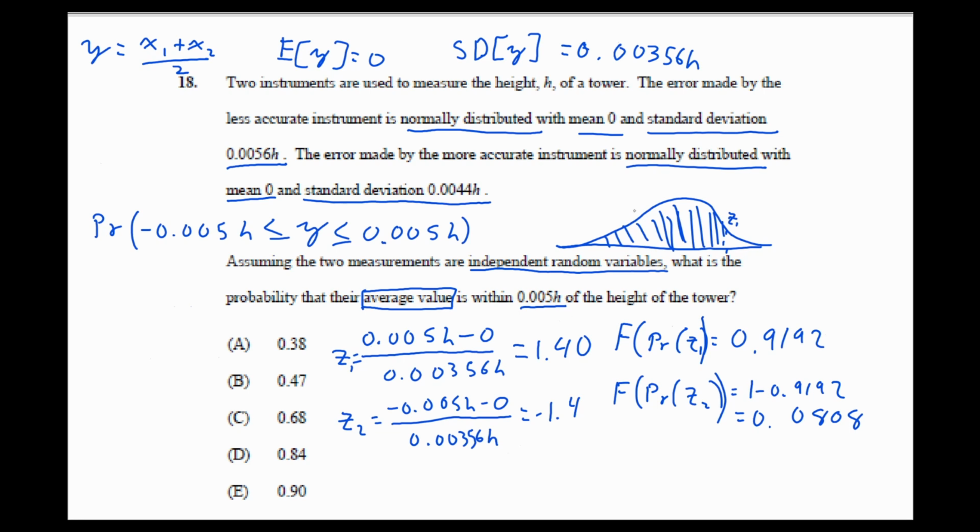Because we have Z2, which is probably somewhere around here, what we need to do is subtract the CDF of Z2 from the CDF of Z1, which is going to be 0.9192 minus 0.0808.